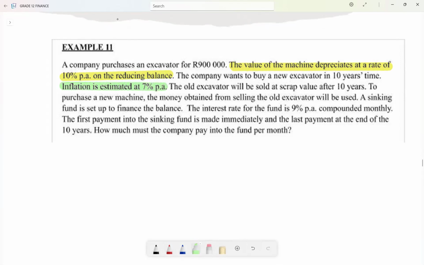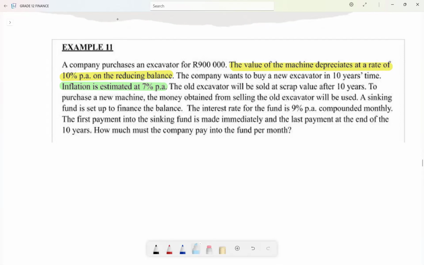Then they say the excavator will be sold at scrap value after 10 years. To purchase a new machine, the money obtained from selling the old excavator will be used. Again, a sinking fund is set up to finance the balance.